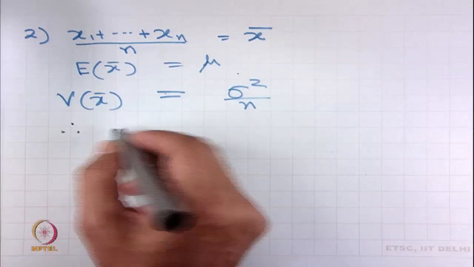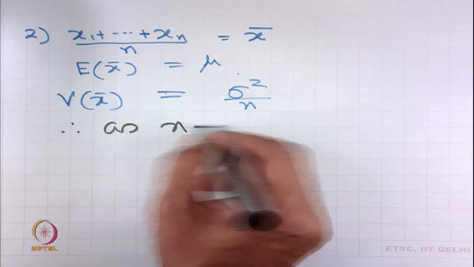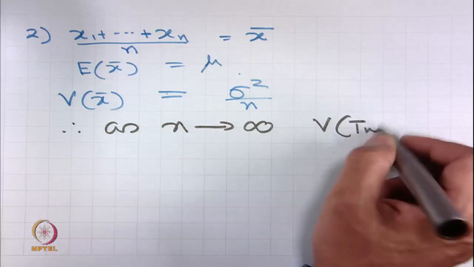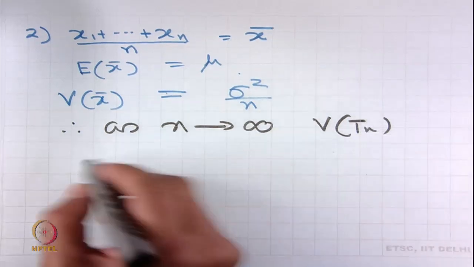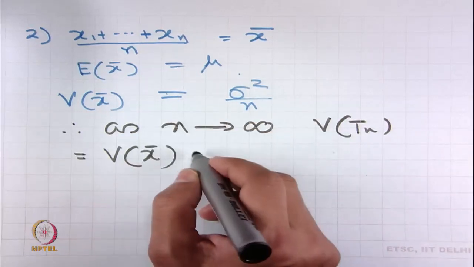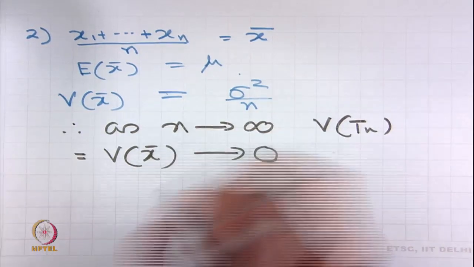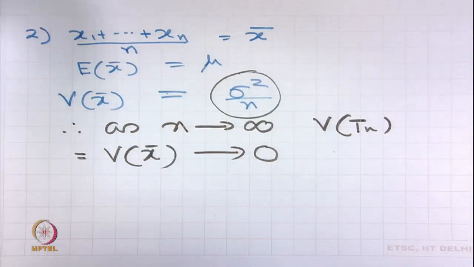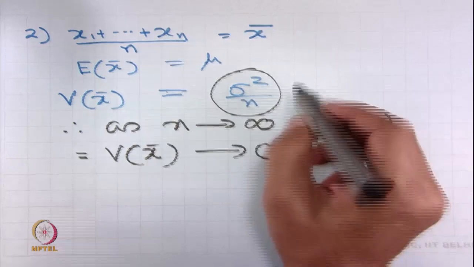Therefore, as n goes to infinity, the variance of T n, which is nothing but x bar, goes to 0, because sigma square is fixed. Therefore, as n increases, this goes to 0.